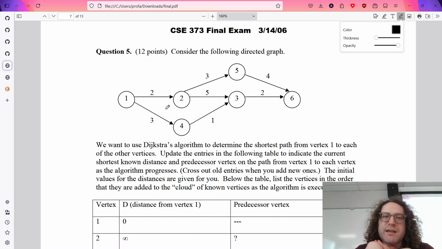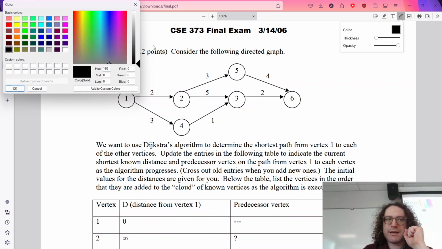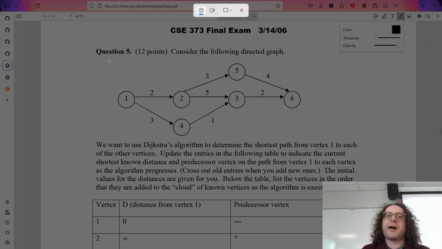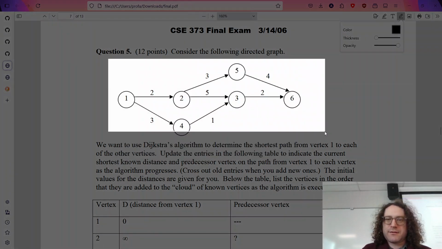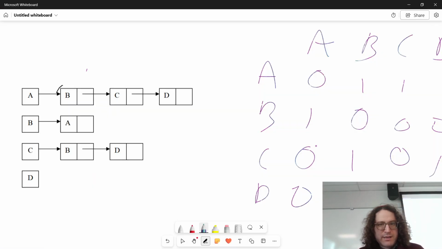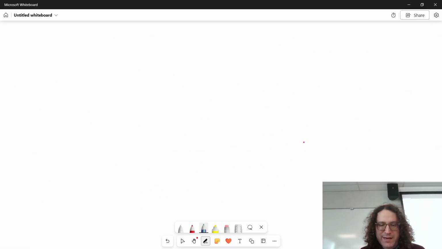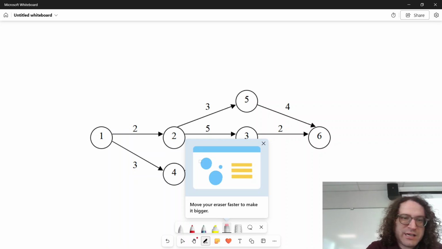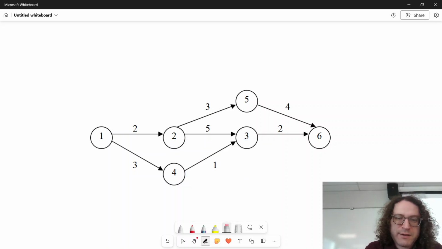So consider the following directed graph. Okay. First off, what I will not do is do what they did here, because what they did here is an affront to God and all mankind. Okay? We are going to take this, paste this, and fix this affront to the deity of your choice, which is we are going to make these into letters.